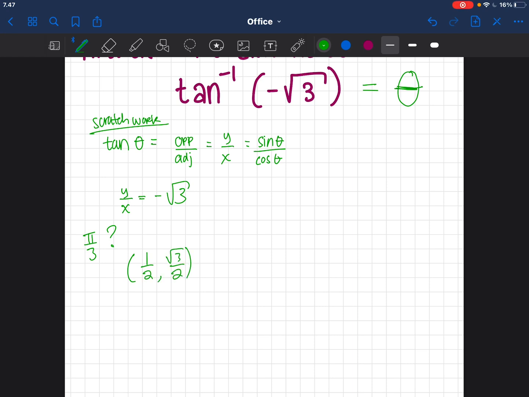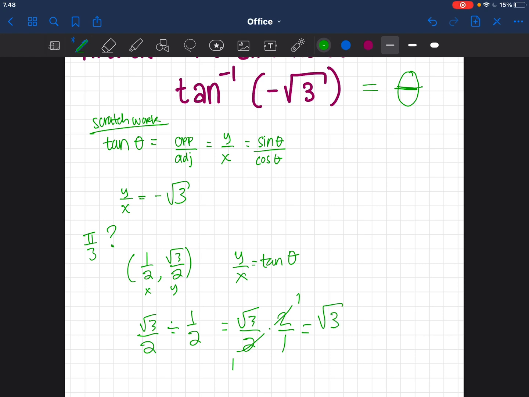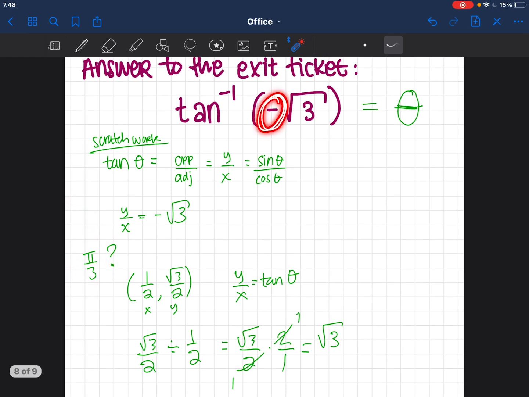So if we divided y over x, which is tangent theta, square root of 3 over 2 divided by 1/2 is the same thing as square root of 3 over 2 times 2 over 1. 2 divided by 2 is 1. Multiply across, square root of 3 over 1, or square root of 3. So bingo, right? It's something with square root of 3. The only issue is it's negative.